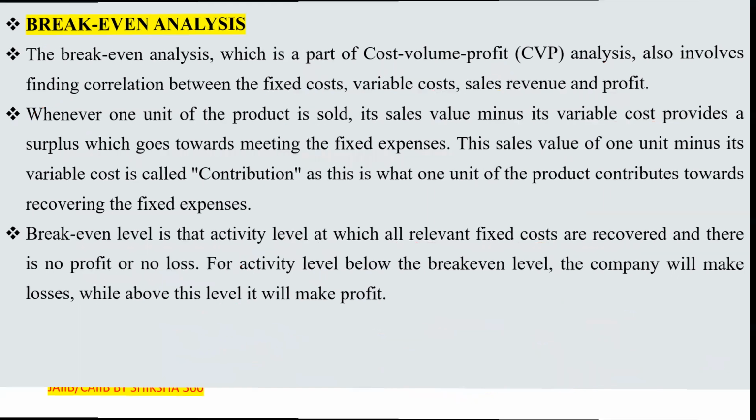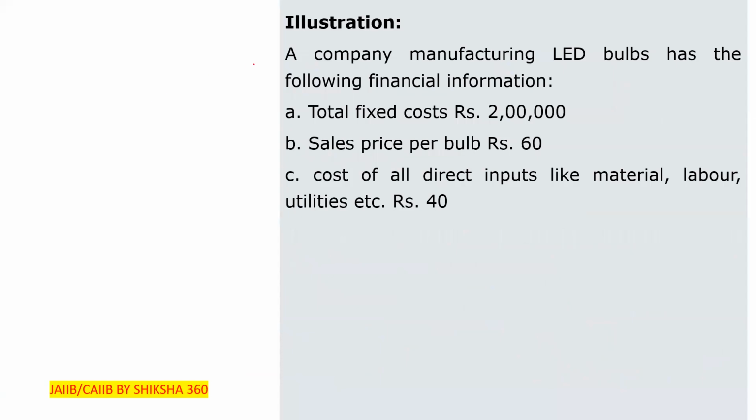Now let's move to the next one and understand this with the help of an example. A company manufacturing LED bulbs has the following financial information. Total fixed cost is 2 lakh.